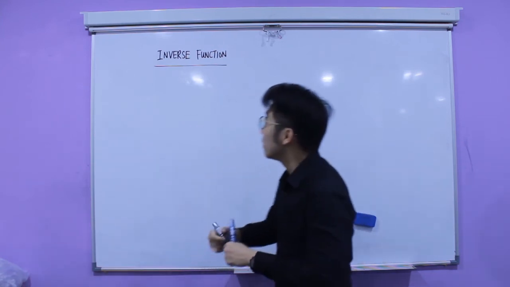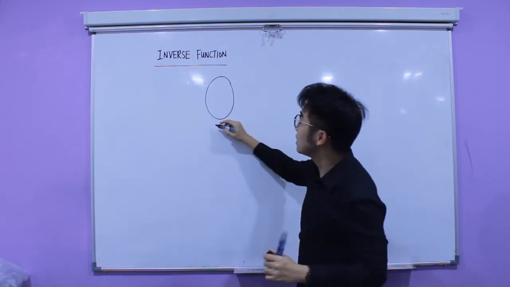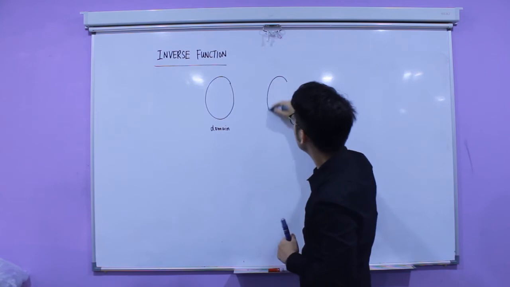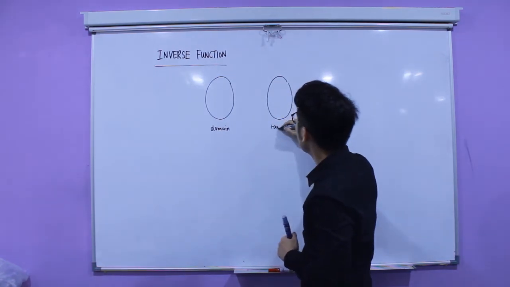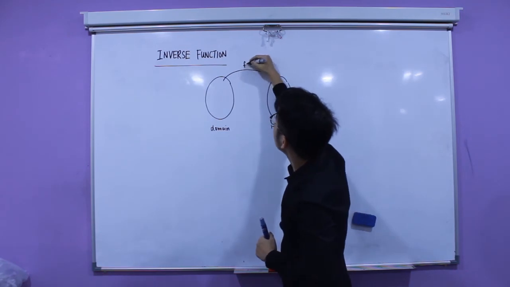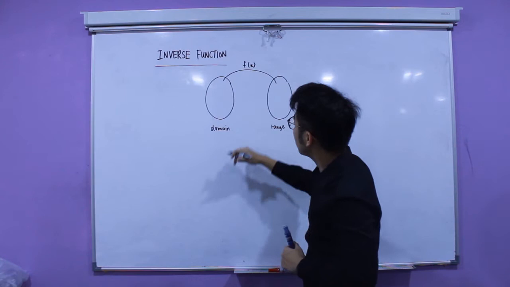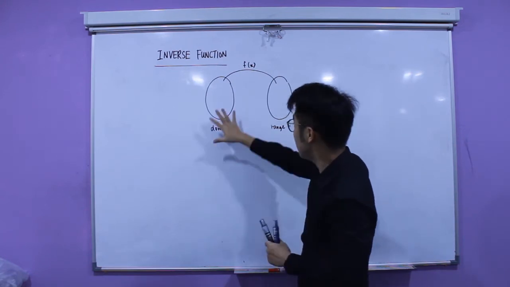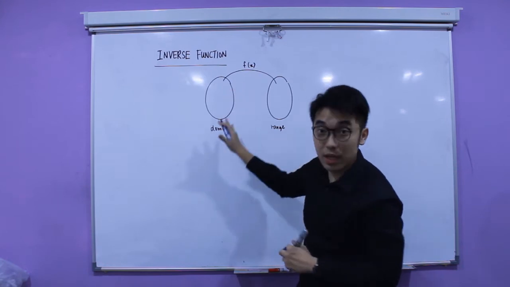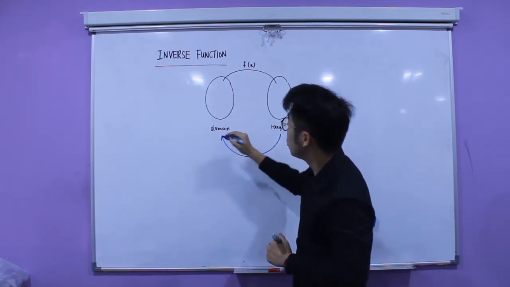Now if you look at a very normal function, let's just say this is a set of domain, and this is a set of range, and we know that from here to here it involves a function, function x, let's just say. This is how it looks. And what an inverse function does is go from range back to domain.